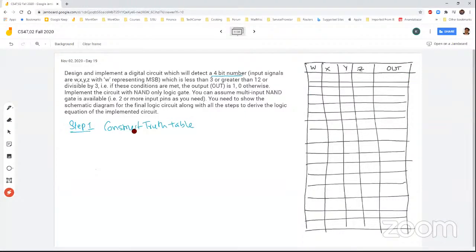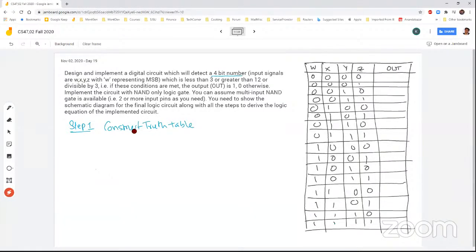Then we construct the truth table: 0 0 0 0, 0 0 0 1, 0 0 1 0, 0 0 1 1, then 0 1 0 0, 0 1 0 1, 0 1 1 0, 0 1 1 1, then 1 0 0 0, 1 0 0 1, 1 0 1 0. So this is the complete 16 combinations of WXYZ.